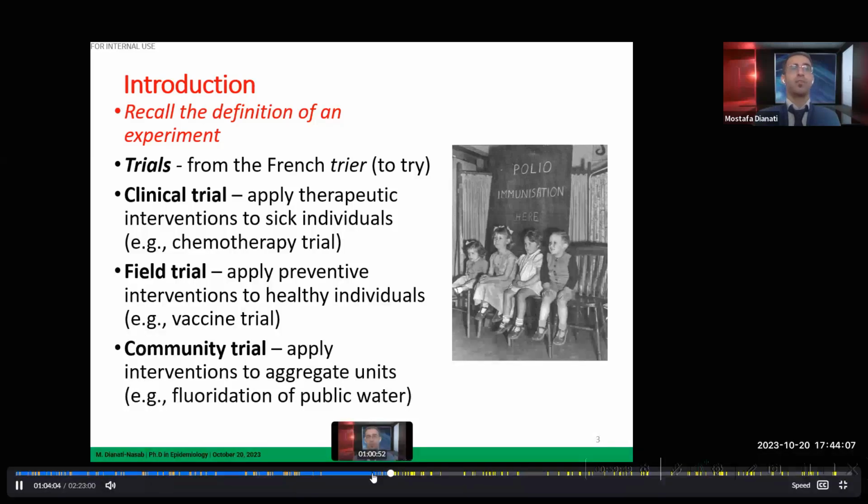We also have field trial, applying preventive intervention to healthy individuals. Mainly in this category, we have vaccine trial. Also, sometimes we have community trial. The last category is really not that famous and often used, but still we have community trial. For example, applying interventions to an aggregate unit, like fluoridation of public water or something like this.